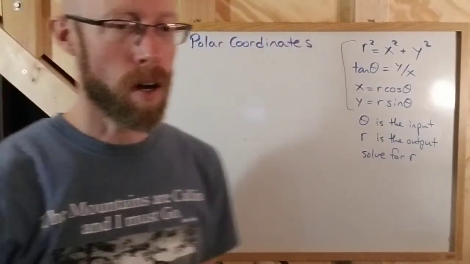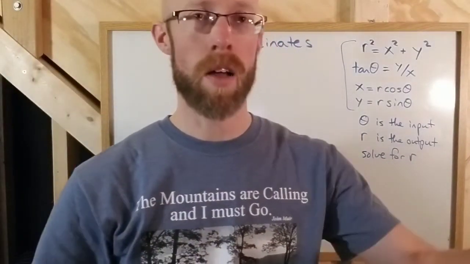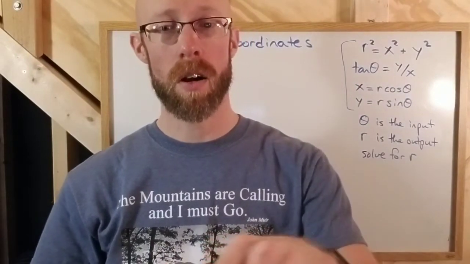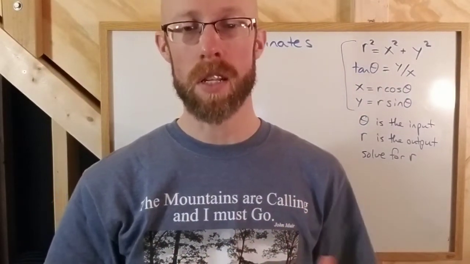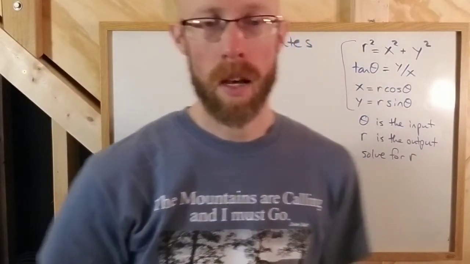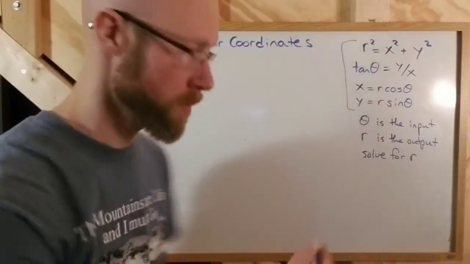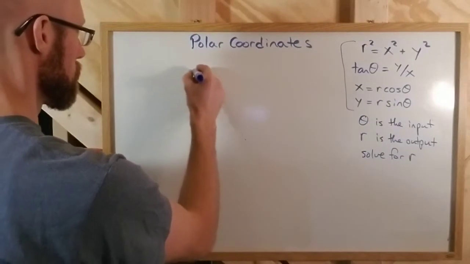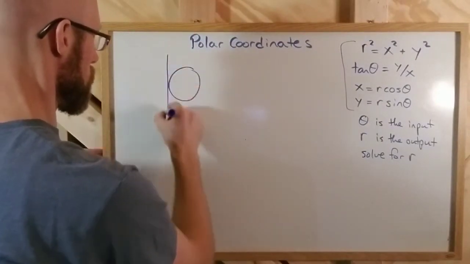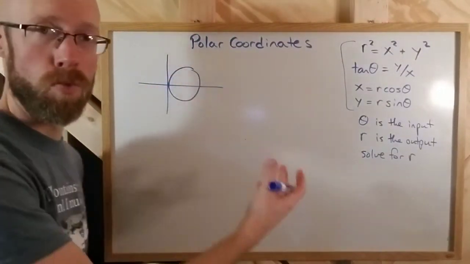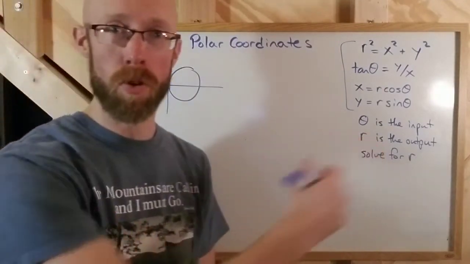Now there are many other types of graphs, many that are more convenient to write in polar form. If you were to shift a circle off of the origin, say I have a circle here and I want to move it to the right, so it's not centered at the origin anymore, it's moved over.